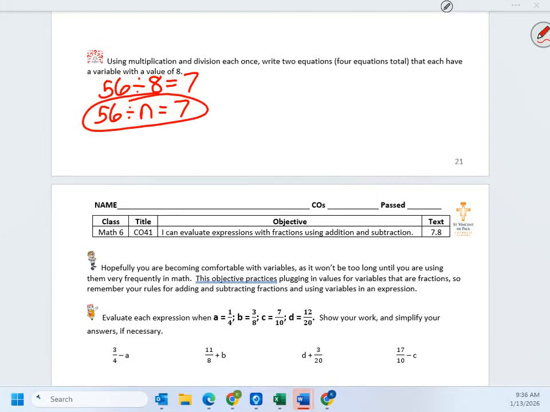We don't want it to equal 8 on the end. We want it to be in the middle, in the equation. Then we can use that same fact family to make a multiplication sentence. What would our multiplication sentence be with this, using the same numbers? How can I use it to multiply, Matt?